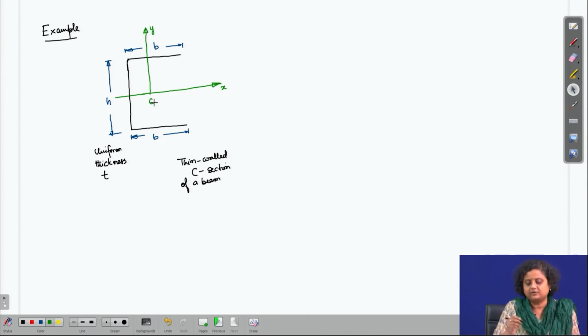Let this be the centroid of the cross section. Now, the question is to find the shear center of the cross section.